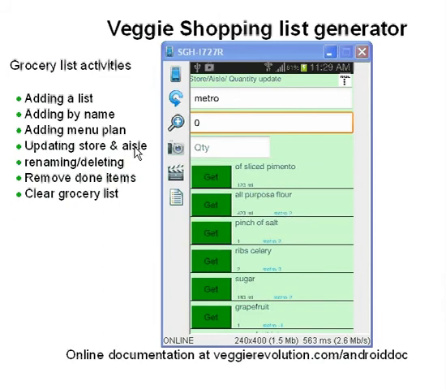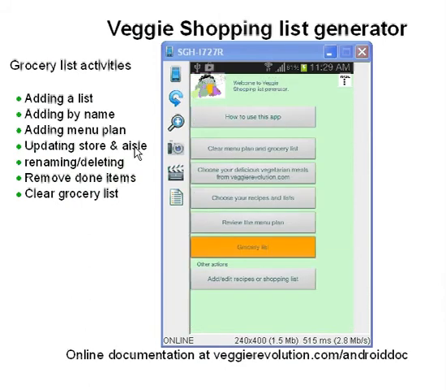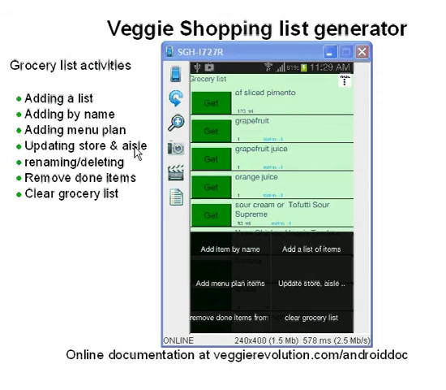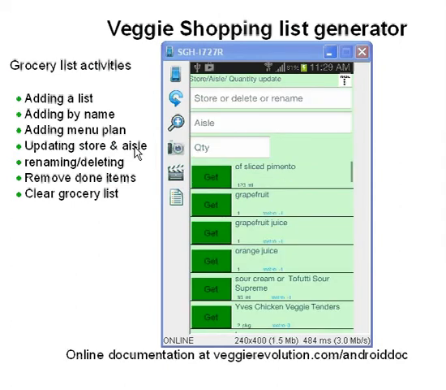So I've showed you how to update, and I can go back to the grocery list and everything is set except the sliced pimento. I forgot to do that one. It's going to be in aisle 2 actually. But before I do that, I'd like to change that name from sliced pimento to pimento. So I'm going to go update store, and it's overridden with a function called delete or rename. I'm going to use rename here.